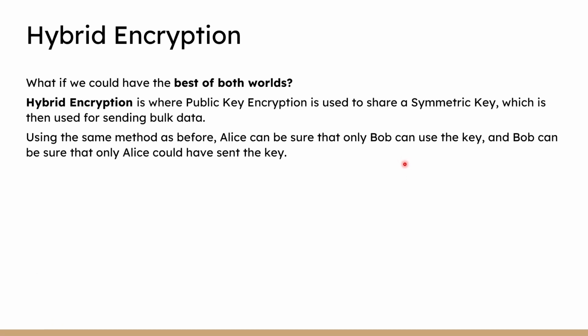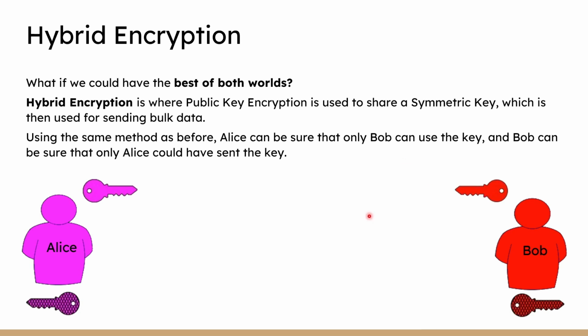So basically, if we use the same method as before to send a key instead of sending data, then both parties can be certain that this key is secure. It's only for them. So Alice just comes up with some key somehow.